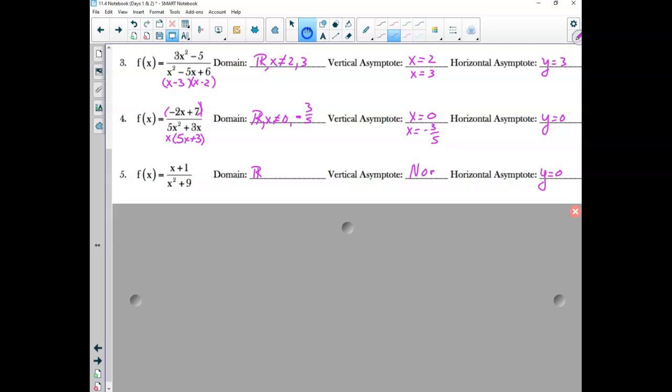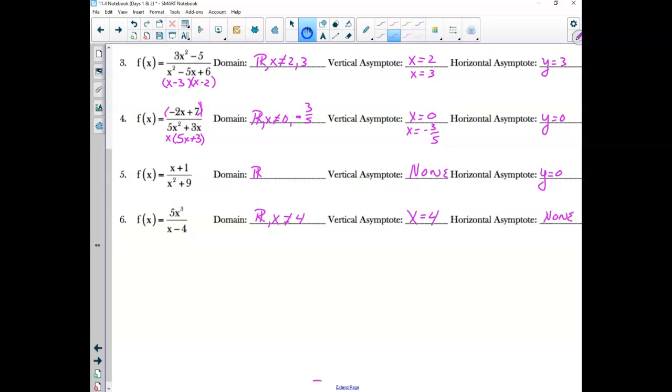There are none, okay? I kind of purposely did that so you would look at that so I could address it here. And my horizontal asymptote, I can see I have a degree 1 on the top, a degree 2 on the bottom. Therefore, if the top is smaller than the bottom, y equals 0 is my horizontal asymptote.